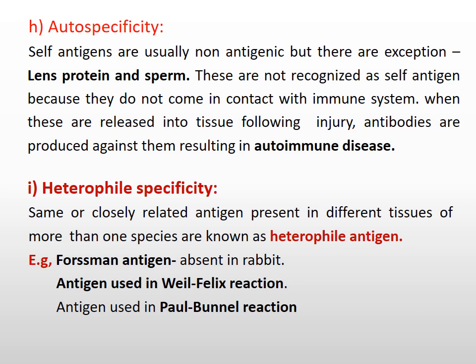Because during the developmental stage, they are not exposed to the immune system, so the immune system is not sensitized to these lens proteins or sperm proteins. So whenever there is injury, these proteins are liberated in our system and our body treats them as foreign particles, and develops autoimmune diseases.